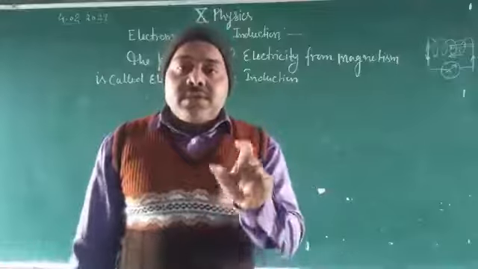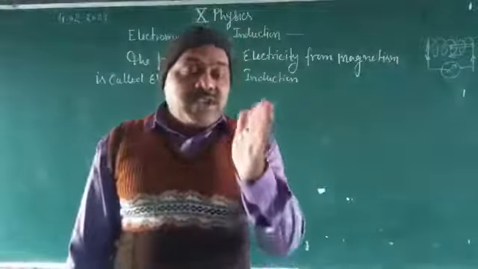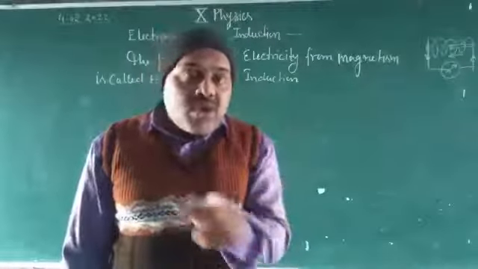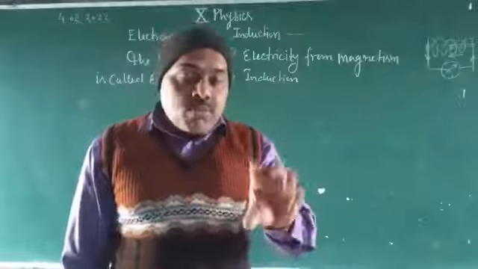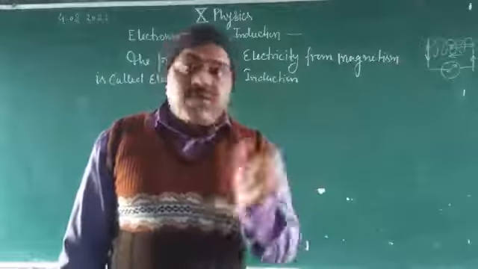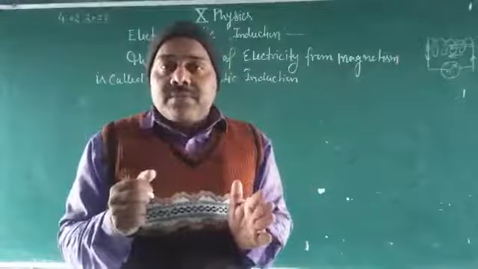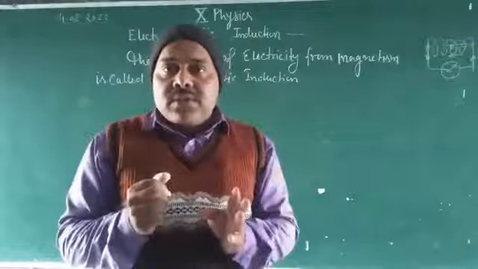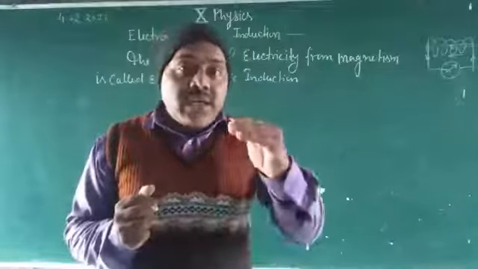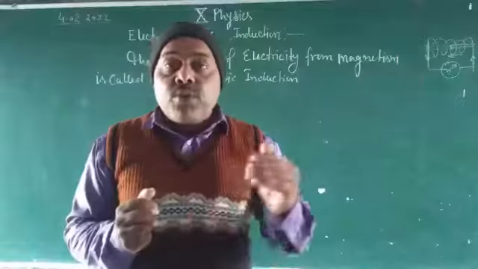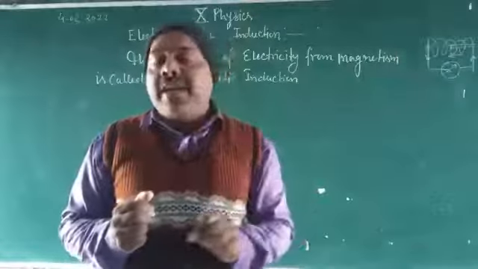The magnetic field lines change due to the motion of a magnet between the strong field, or due to relative shift, because when the magnet is inserted in the coil or moved in the coil, it cuts the magnetic field lines of force and then EMF, electromotive force, is generated, and after that the induced current is produced.